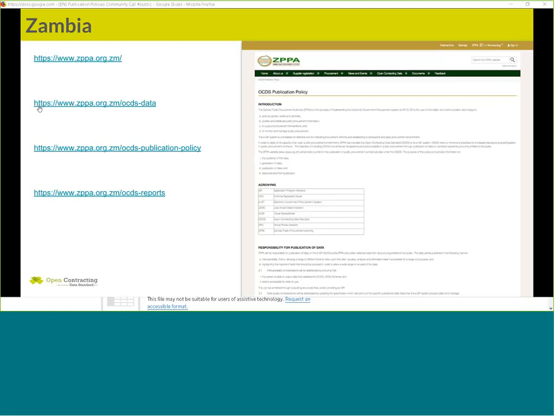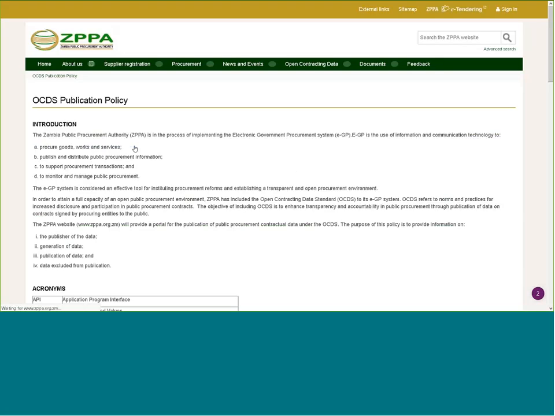Just wanted to highlight a few things. In terms of our publication policy, we pretty much followed the guidance on the OCDS website. In addition to that, we have other legal frameworks: the Public Procurement Act of Zambia, and the Electronic Communications and Transactions Act as well.